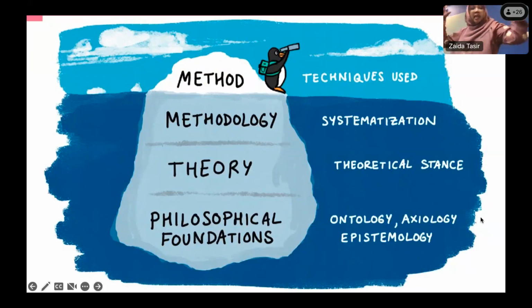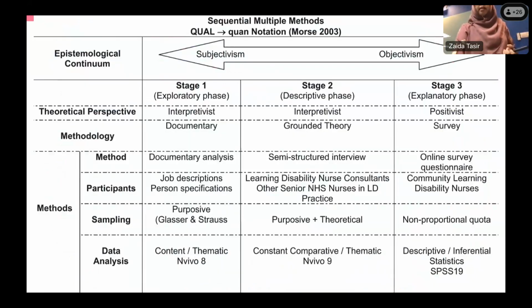Okay, and this is another diagram to show the philosophical foundation, the theory, the methodology, and method. And this is another diagram to help you understand it. Okay, if you focus on positivist, of course your research is more explanatory, and you explain it. You might use a survey, performance test, everything, and you might use inferential statistics.